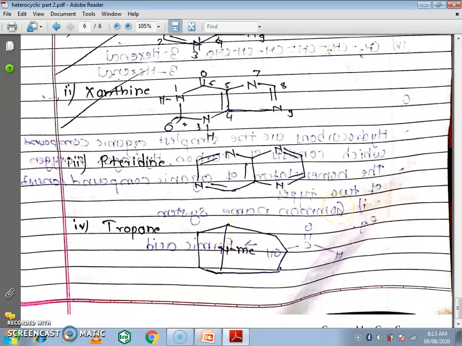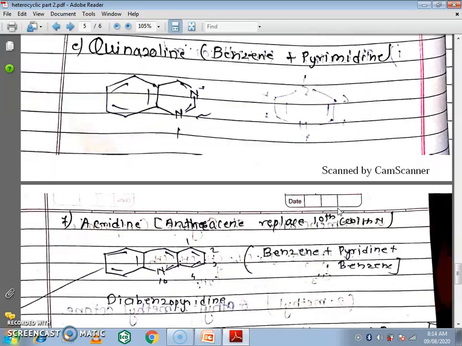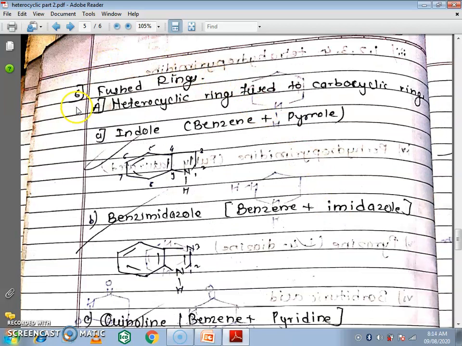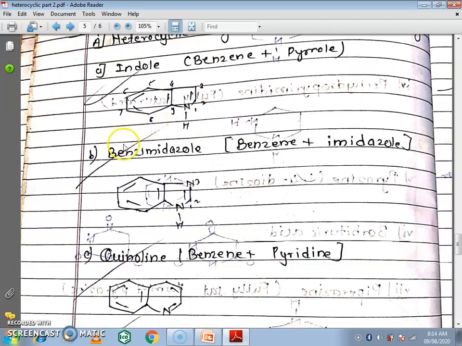Again we will see some revision. In this lecture we saw the fused rings. First one is heterocyclic rings fused to carbocyclic rings. First example is indole. Second one is benzimidazole.